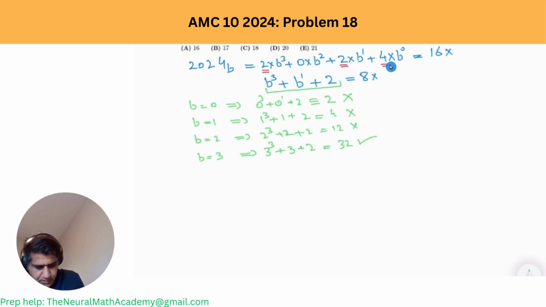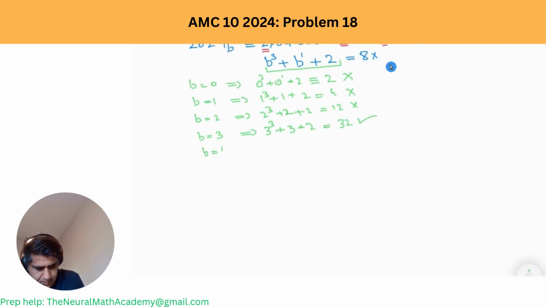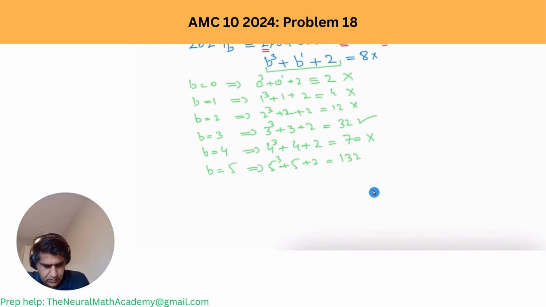Now I will check 4. I get 70. So that is also not divisible by 8. I will check 5. So that is now equal to 32, so this is not divisible by 8.